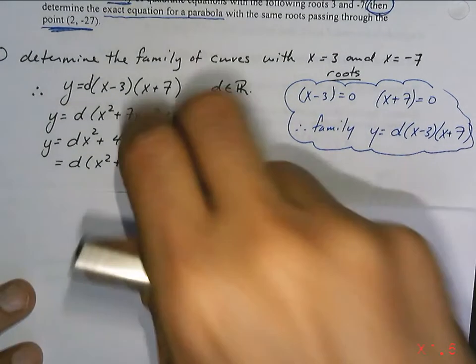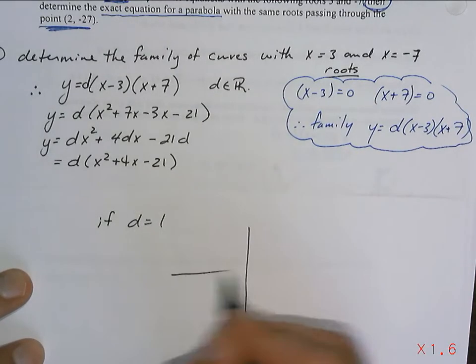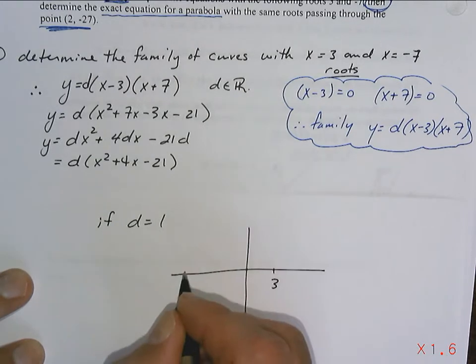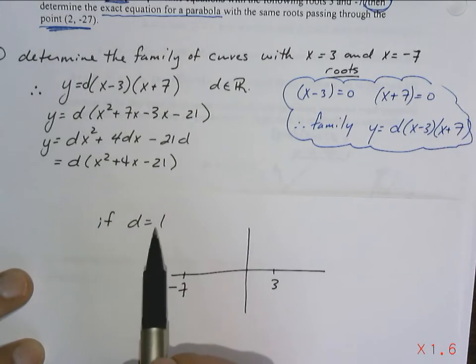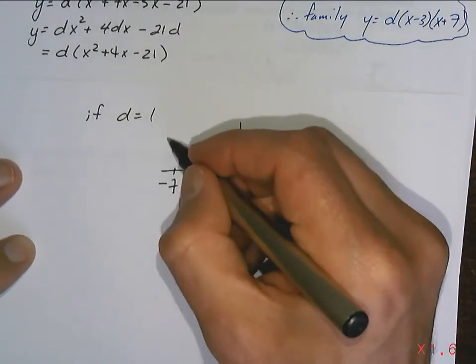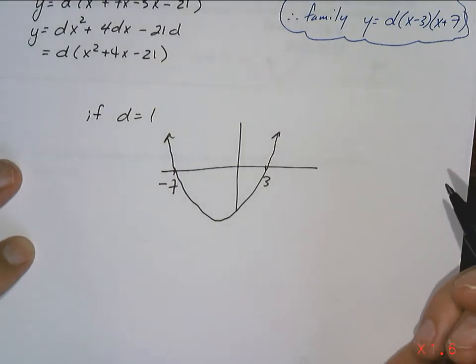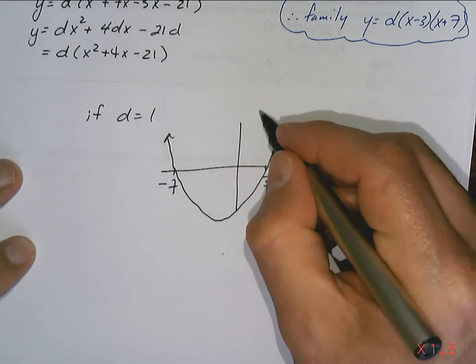If I allow d to be 1, then it would go through x equals 3, x equals negative 7, and if d is 1, well, that's positive, right? So it would look something like that, if d equaled 1. If d equaled 2, then it would be a vertical stretch. So then perhaps it would look like this.